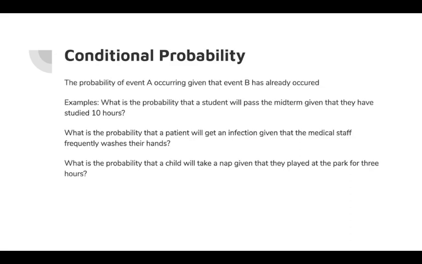And so, right, what is the event that has to have already occurred? Well, the medical staff is already frequently washing their hands, right? What is the probability that a child will take a nap given that they played at a park for 3 hours? Okay, so I'm conditioning the first event on something already having happened.